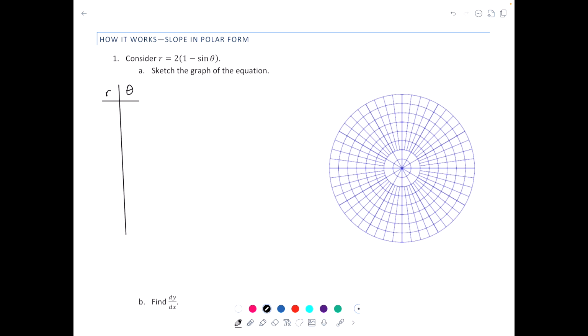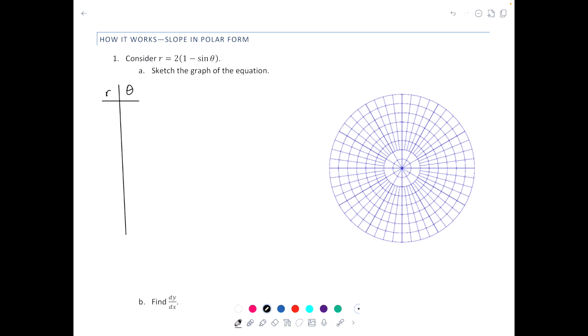And the other thing I'm noticing is that 1 minus sine theta is going to be bound between 0 and 2, right? And then you have that multiplier of 2. So we won't get any negative r values, which is nice, okay?